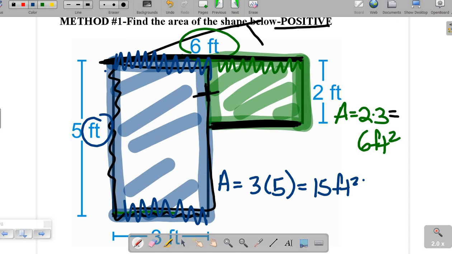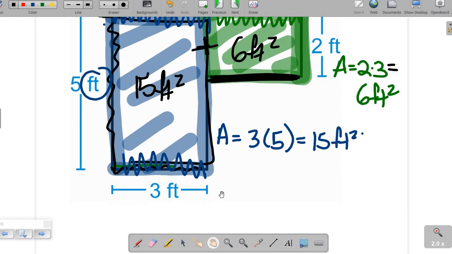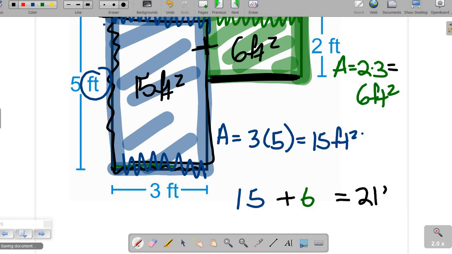So my area here is going to be 15 feet squared. My area here is 6 feet squared. So my total positive area, and we're calling it positive because we're adding the blue and the green, you get your total area, which would be 21 feet squared.